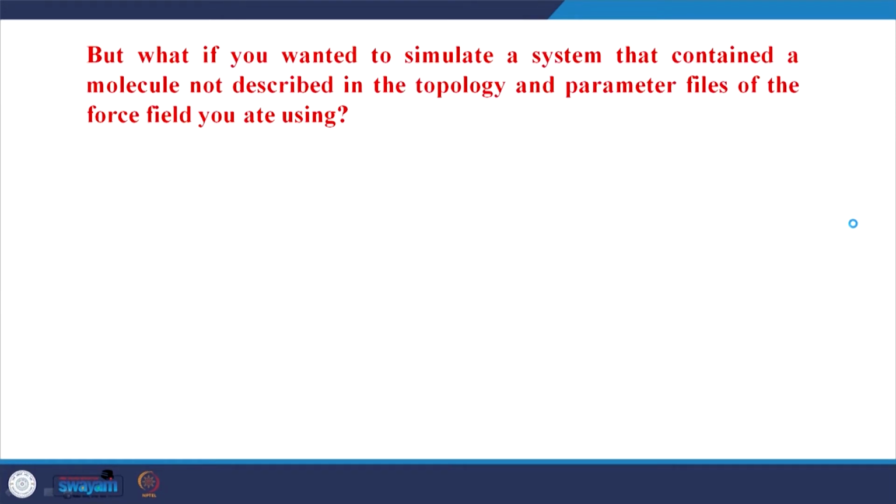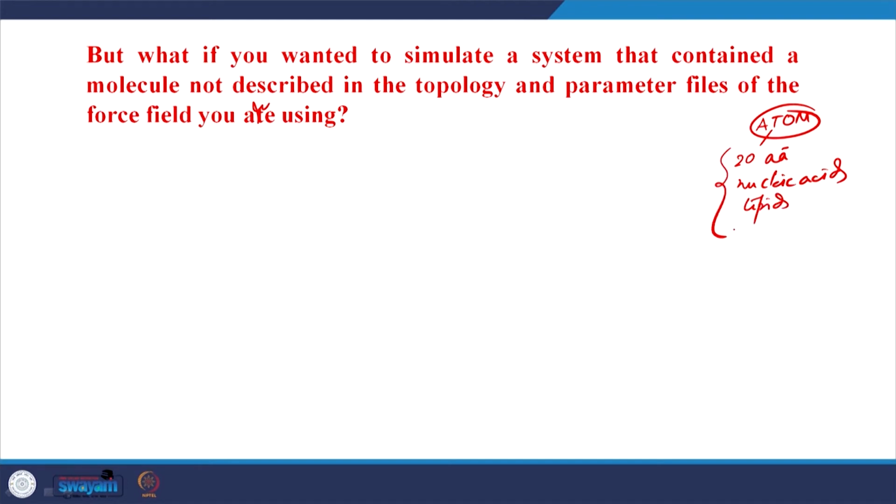So, I talked about that you wanted to simulate a system that contained a molecule not described in the topology and parameter file of the force field you are using. You understand? So, before I told you that you have the atom data in the PDB about 20 amino acids, about nucleic acids, about lipids and all.